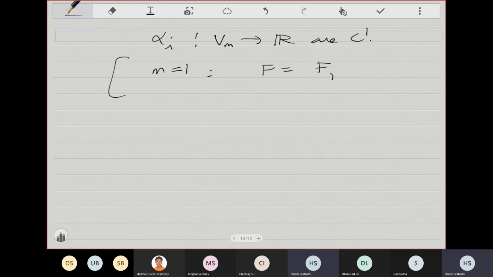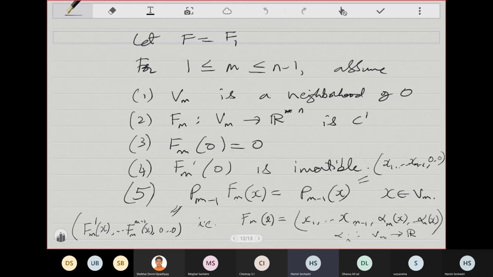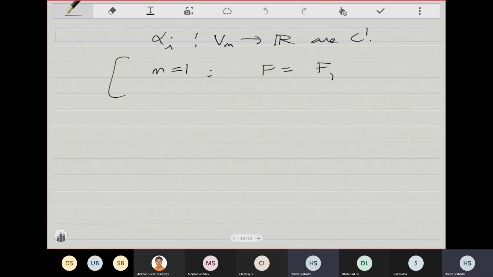To start the process, this should satisfy the hypothesis, obviously. Otherwise, that's the usual inductive step. Now, what would be V1? It's a neighborhood of 0, so I can just take V1 to be the full open set E.